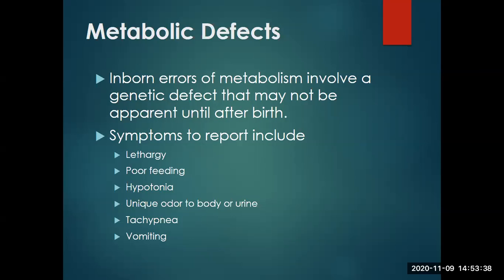I'm not going to go too much into it, but we talked about this earlier in some other chapters when we were discussing certain blood work that has to be sent. It's mandated by the state for blood work to be done. And we said we take it from the sole of the baby's feet.